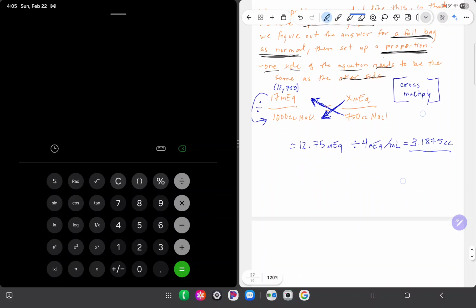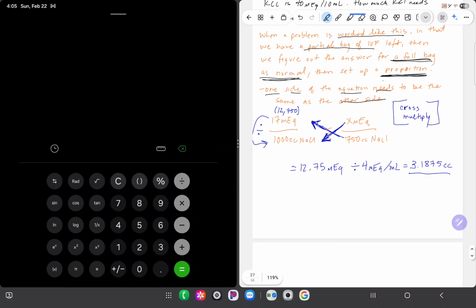So the first part will be, if we have 17, as you can see here, 17 milliequivalents of KCl into 1,000 cc's of NaCl, that has to be exactly the same as, again, an X MEQs.